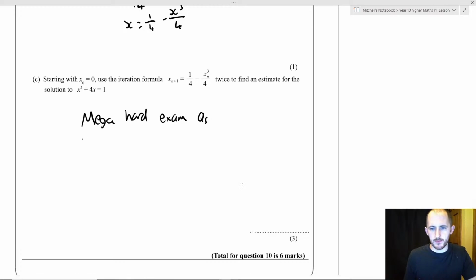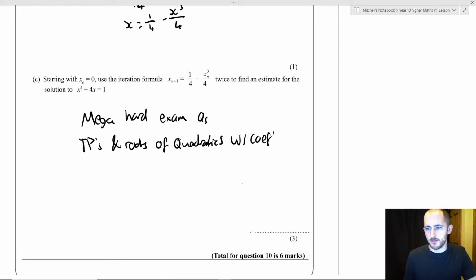Okay, so turning points and roots of quadratics with... Okay, sure, yeah, we can do that.